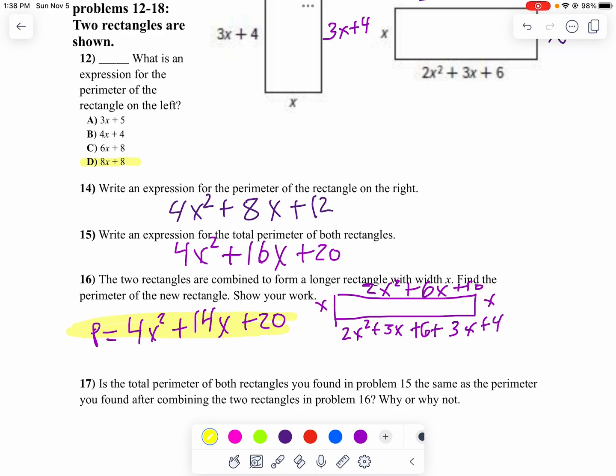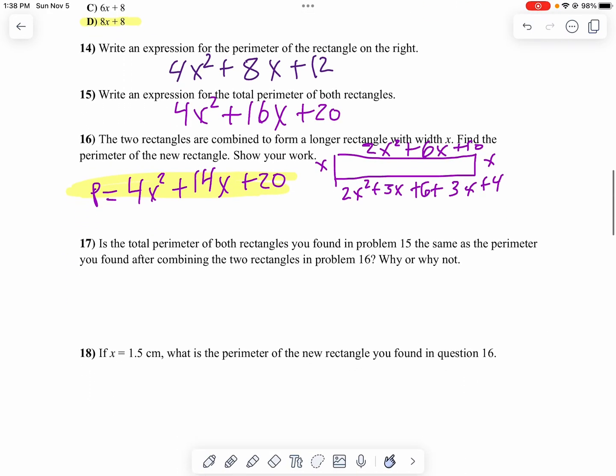Now, if I take a look at number 17 here, is the total perimeter of both rectangles you found the same? Well, we can see it's not the same. You got two more x's, don't you? That's okay, so the answer is no. And the reason is when you combine them, I'm eliminating one of the sides, aren't I?